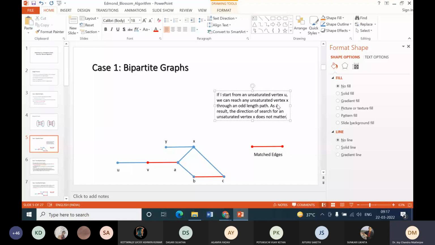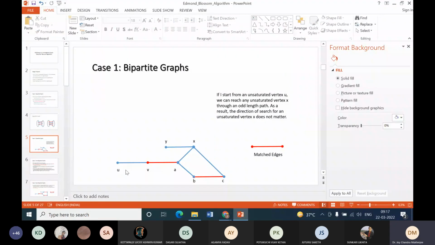Okay. So X को मैं ऐसे भी ढूंढ सकता हूँ, ऐसे भी ढूंढ सकता हूँ. In any case, I will get an augmenting path.